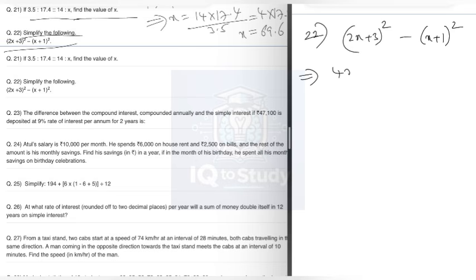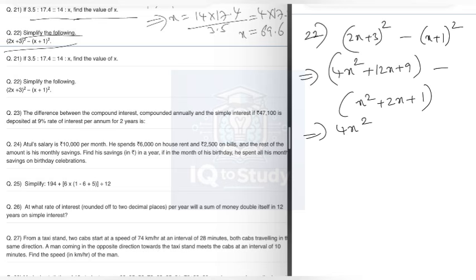It means 4x square plus 12x plus 9 minus x square plus 2x plus 1, which implies 4x square plus 12x plus 9 minus x square minus 2x minus 1. That is 3x square plus 10x plus 8.